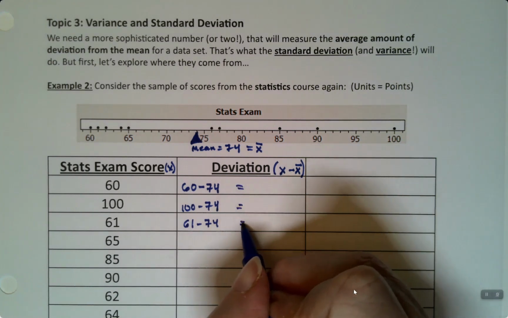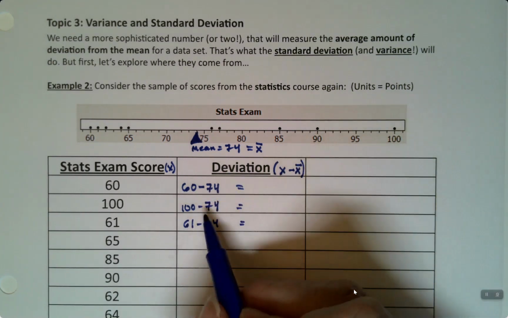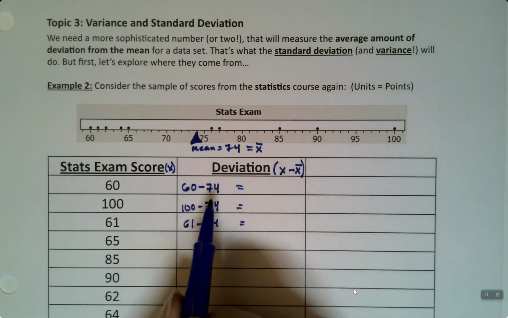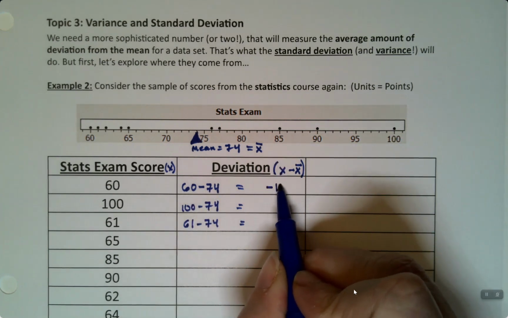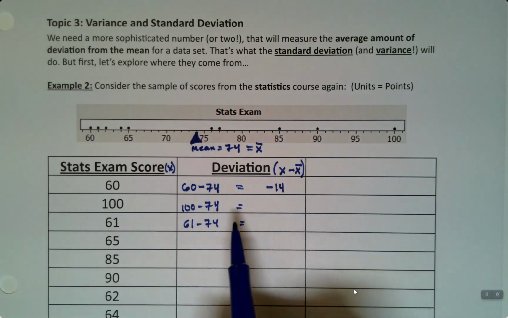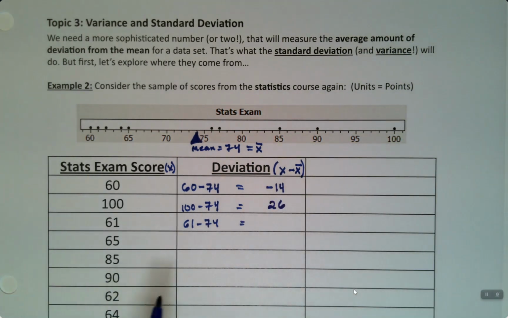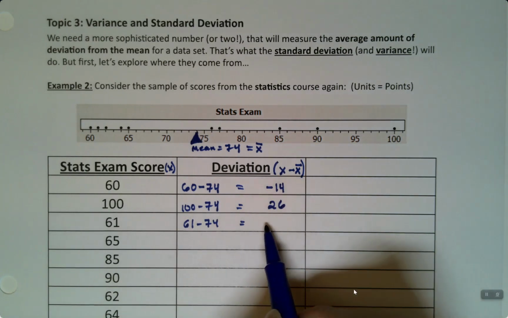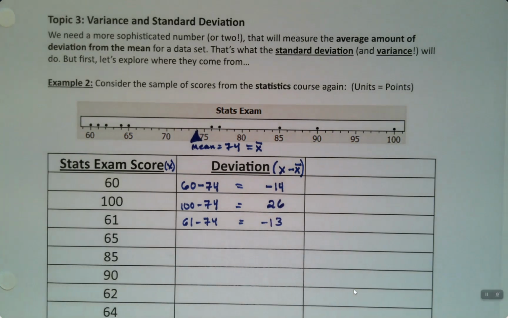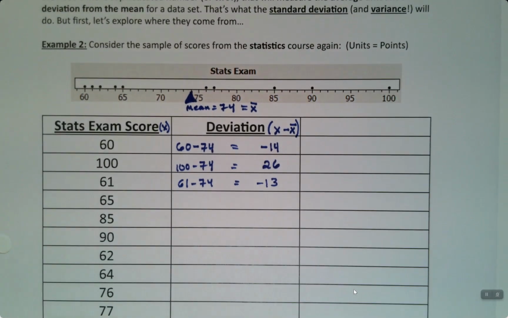And I'm going to get particular values, and they're going to have signs. For example, 60 take away 74 is negative 14. 100 take away 74 is positive 26. 61 take away 74 is negative 13. And so on and so forth. We don't have to show every little thing.